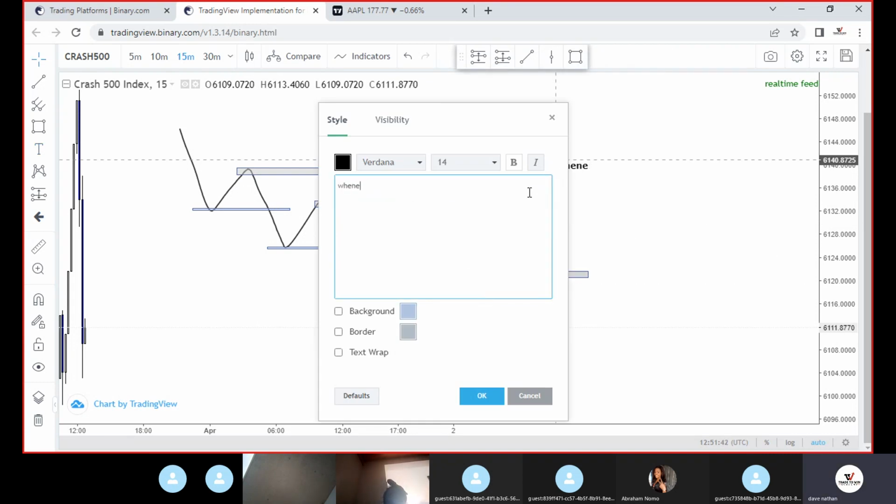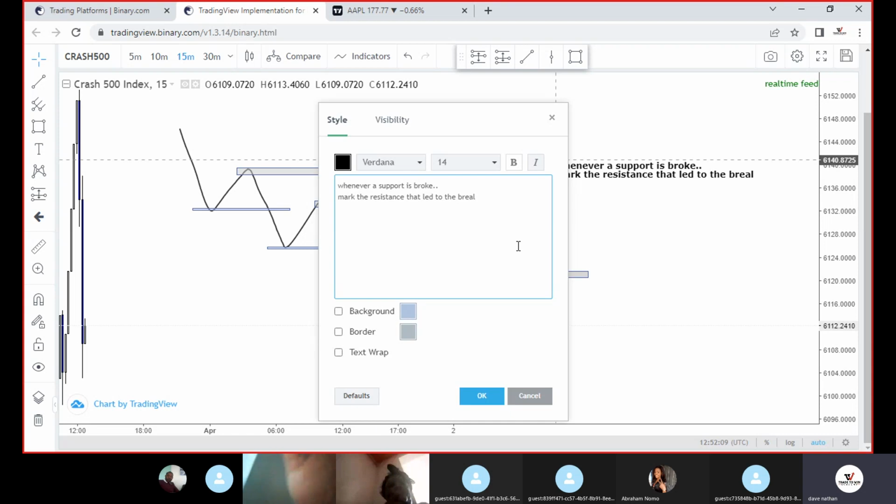Whenever a support is broken, all you have to do is mark the resistance that led to the break of the support. I'm going to show you live examples, so just follow me gently. That led to the break of that support.